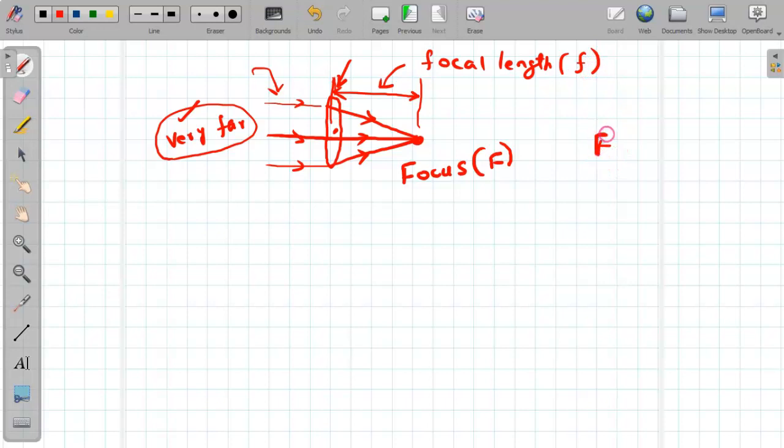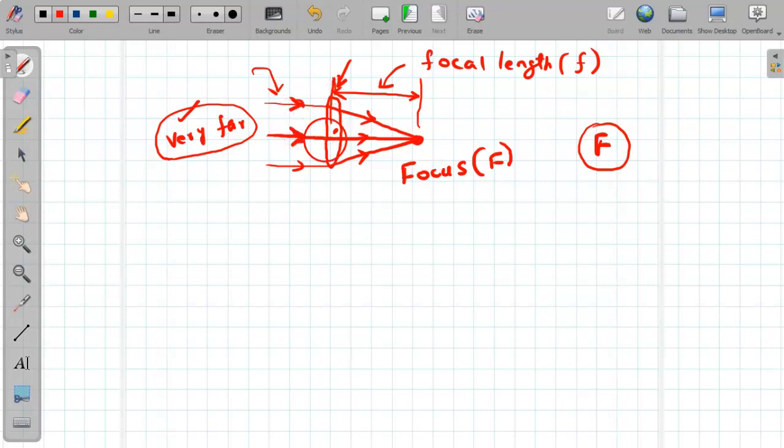Here the alphabet is very important. Capital F is the principal focus. That means it is the point at which all the light rays meet when they are coming from a very far object.